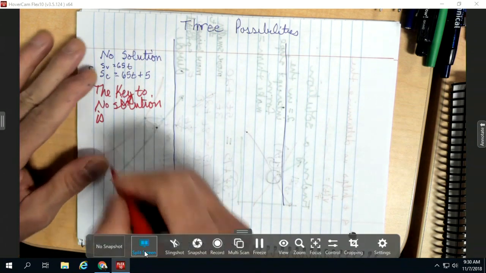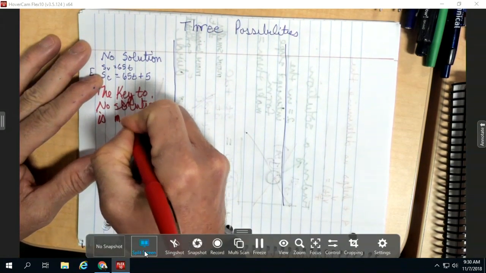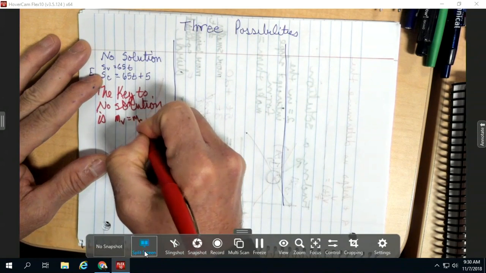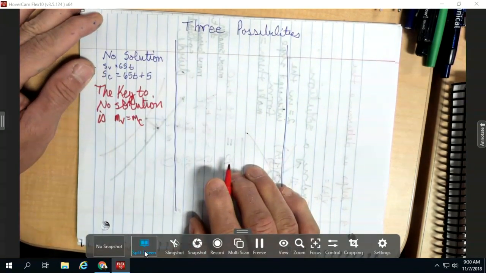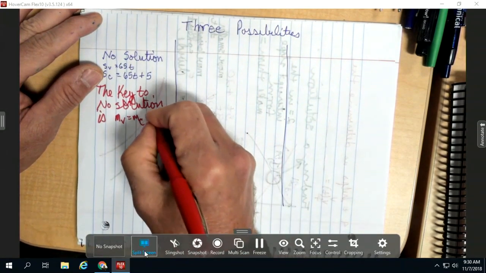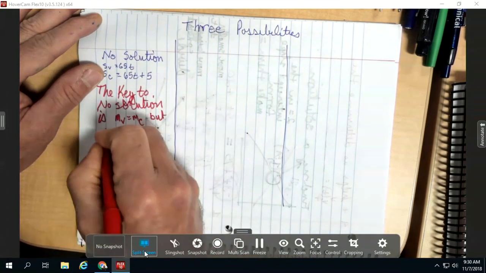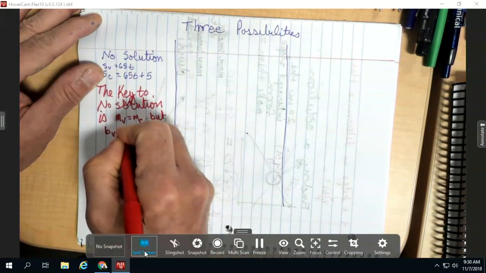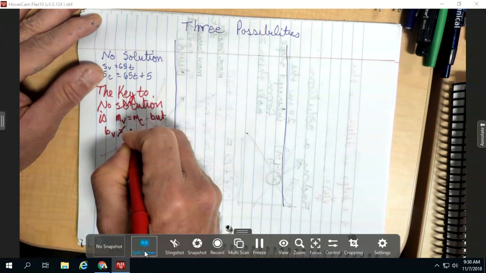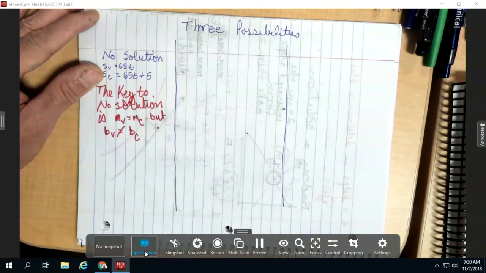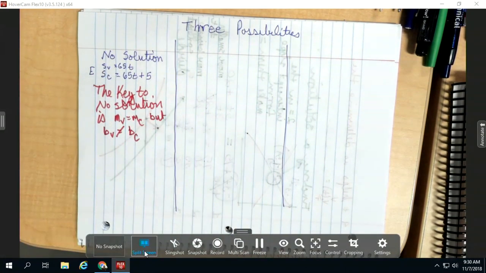So MV equals MC, the slope of the van equals the slope of the car, but BV does not equal BC. What does that mean? The y-intercept does not equal.